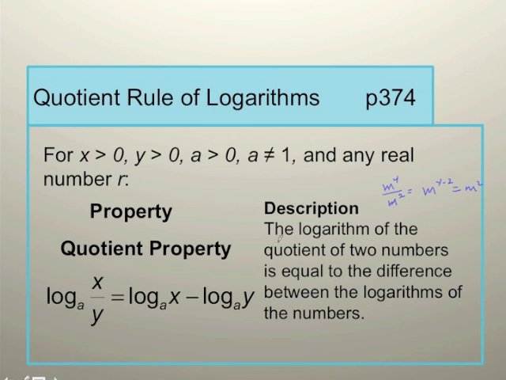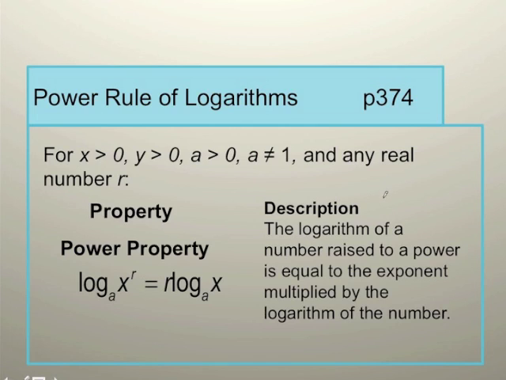So the quotient property says the logarithm of the quotient of two numbers is equal to the difference between the logarithms of the numbers. So the logarithm base A of x divided by y equals the logarithm base A of x minus the logarithm base A of y. It's again saying when we're dividing, we subtract the exponents, because remember, the logarithms are exponents.